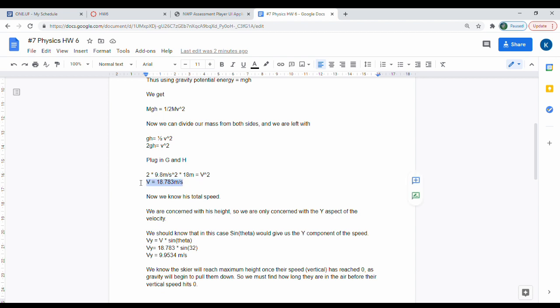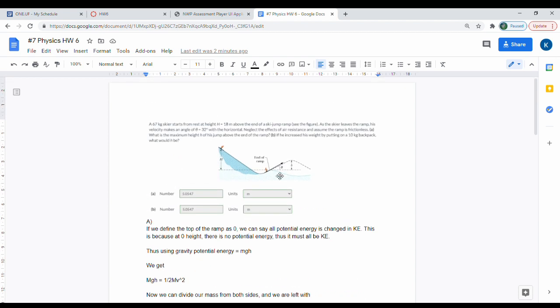Now, this is his total speed, but this question is only asking us about the height he reaches. So we need to figure out his speed in the y direction when he leaves the ramp. So when he leaves the ramp, only this part, if you will, of this vector is the y direction.